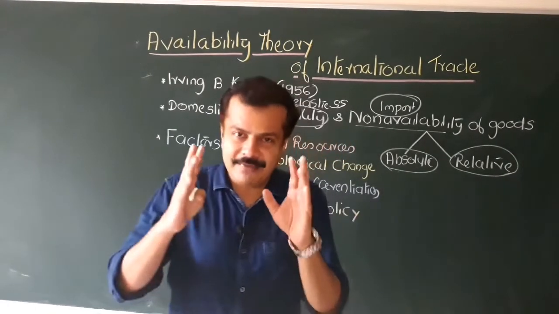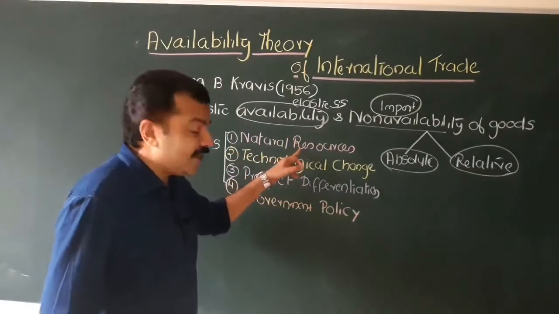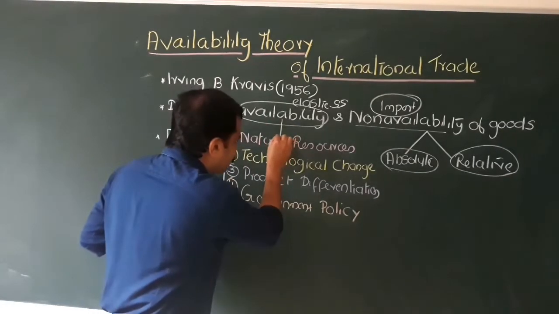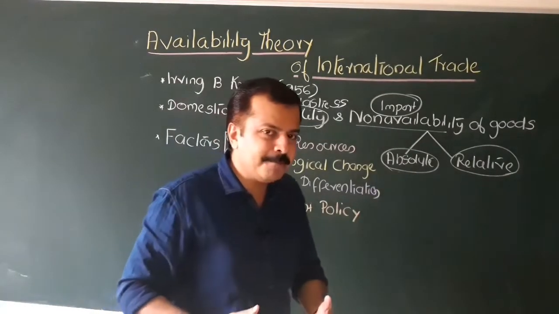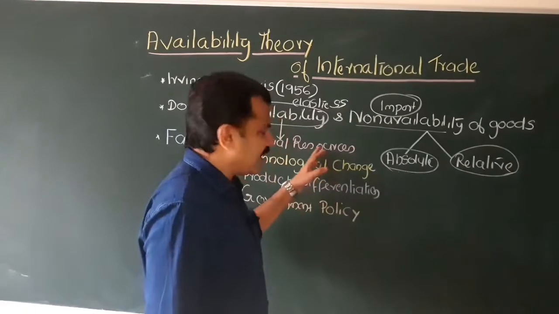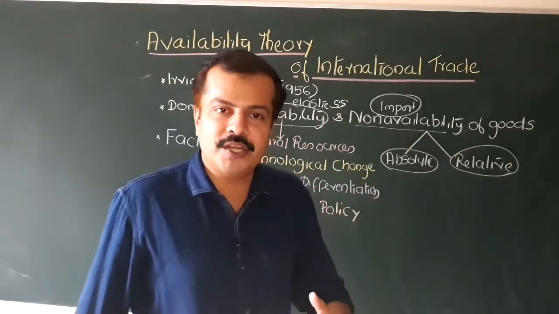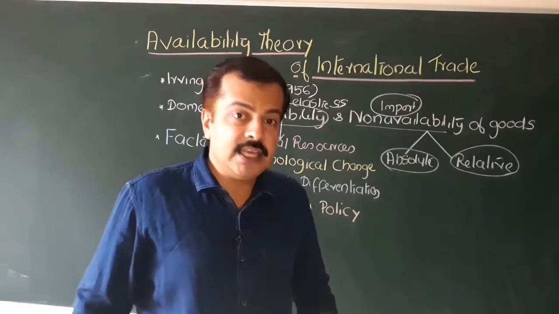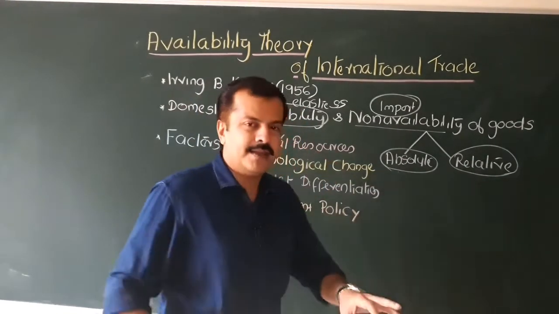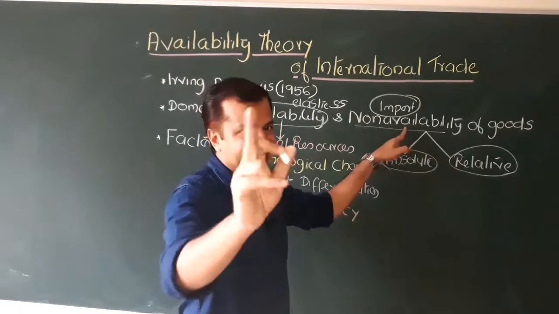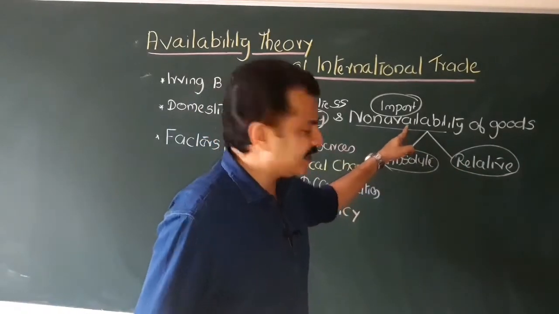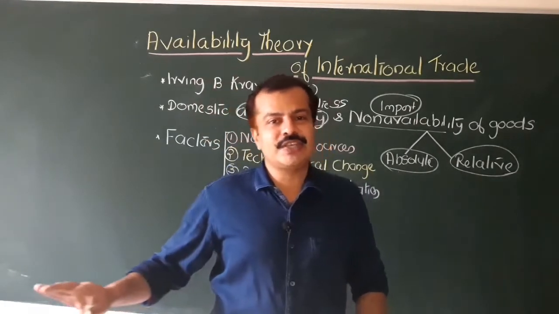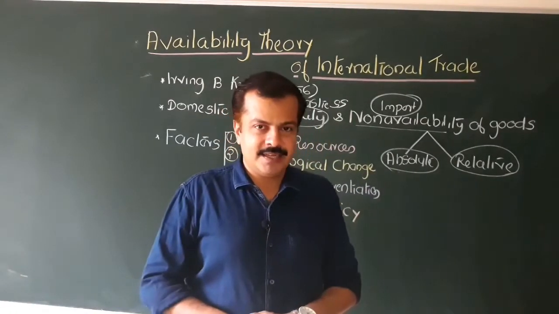In availability approach terminology, if natural resources are available in plenty, this country can export commodities which utilize natural resources. And if natural resources are scarce or unavailable, this country will tend to import those commodities that use natural resources.